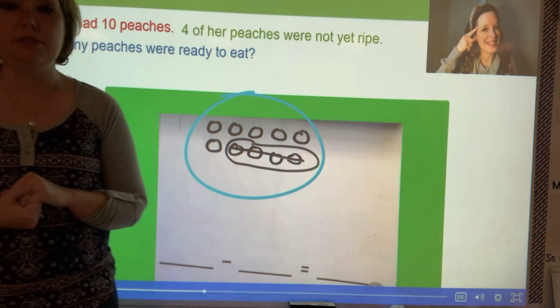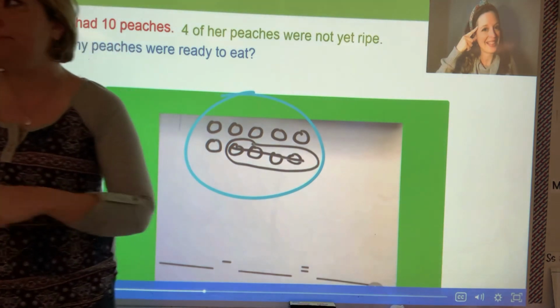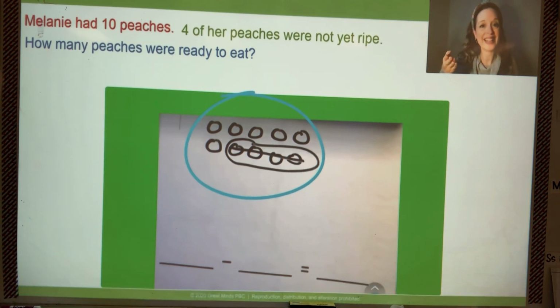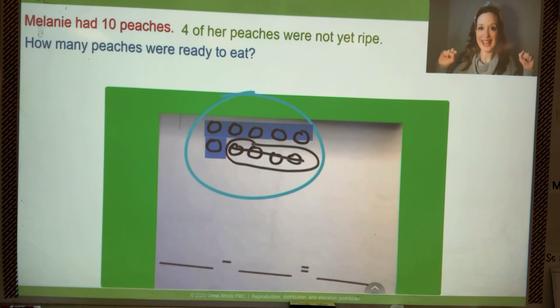Smriti said 6, so the other part is... 4. Excellent. 6 and 4. Let's see if we're right. Say it. Yes, our 2 parts are 6 and 4.